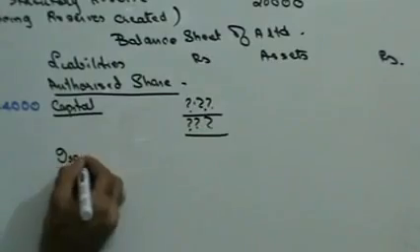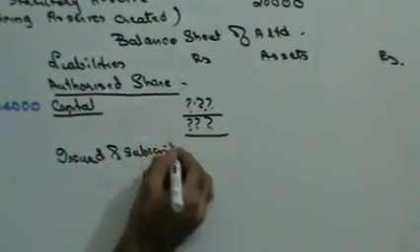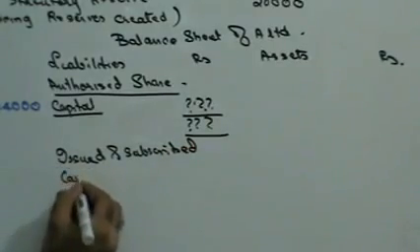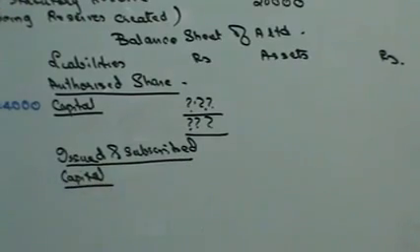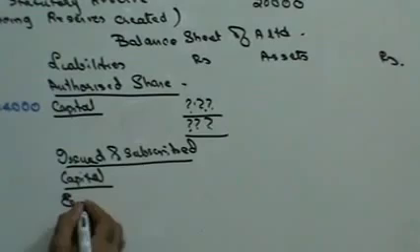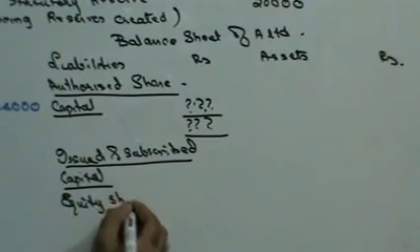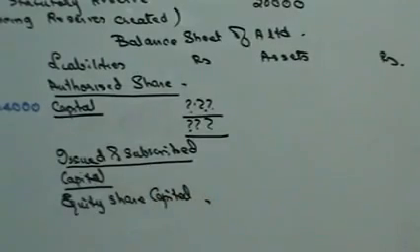Then you have issued and subscribed capital. Under issued and subscribed capital, you are going to have first equity share capital. Your equity share capital was already 10 lakhs.